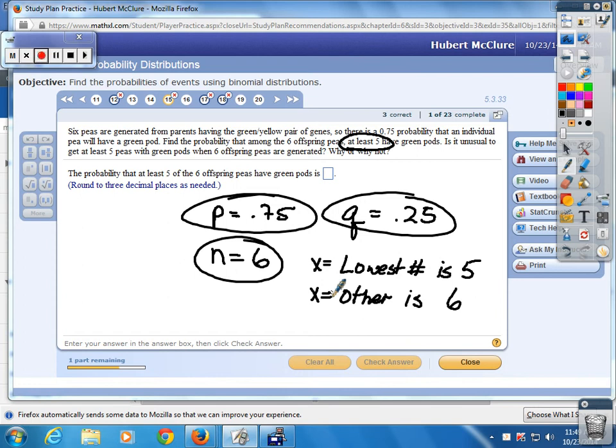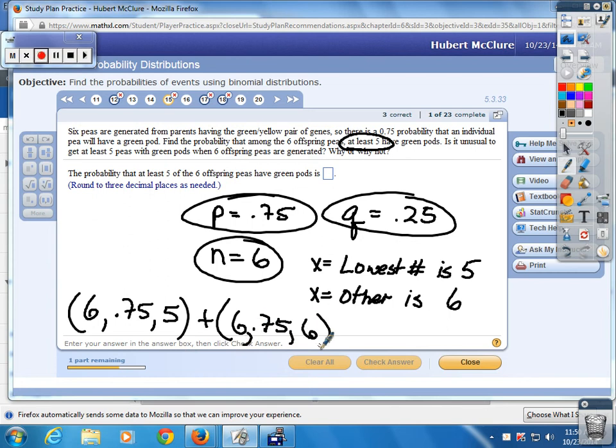All right, so you do 6, comma, 0.75 and 5, plus 6, 0.75 and 6. You do your binomial PDF for both of those. So you take your handy dandy virtual calculator.